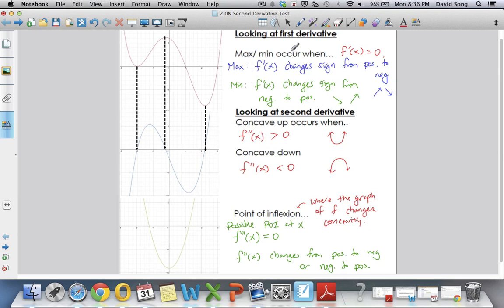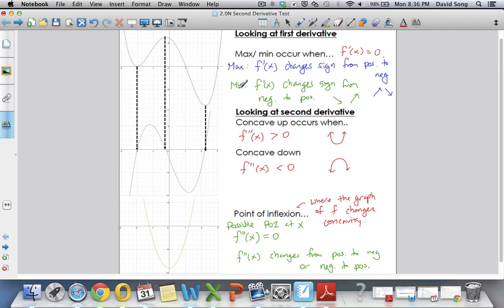So max or min, f prime is 0, and a maximum happens when f prime changes sign from positive to negative. So here is a maximum. You notice that the graph is increasing to the left of the max, and then decreasing to the right of it. So f prime is positive to the left and negative to the right. That's how you know from the f prime graph that you have a local max.